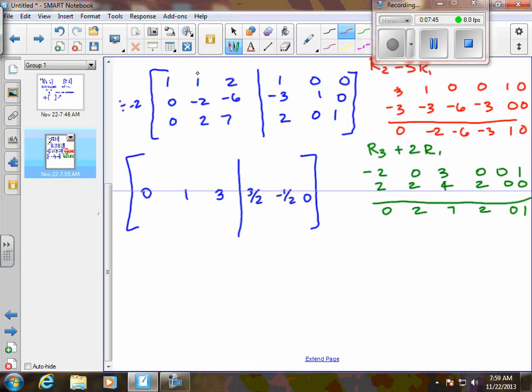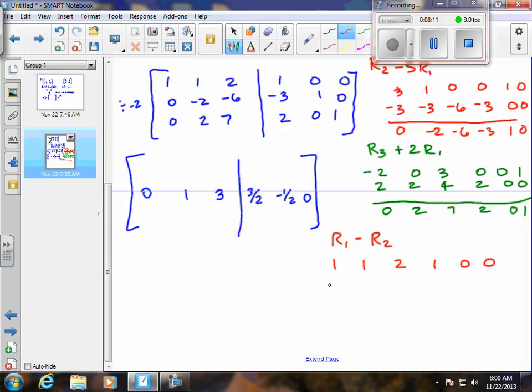My next step is to change this 1 to a 0. So I want to take row 1 and subtract row 2. So I copy over row 1. And what I do is I multiply my row by negative 1 and then add. That way my signs are in place.